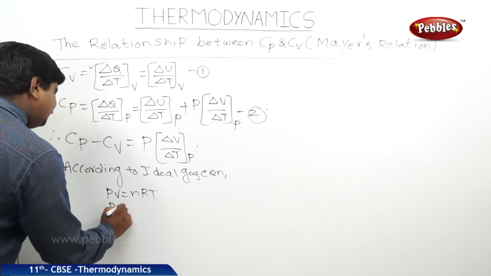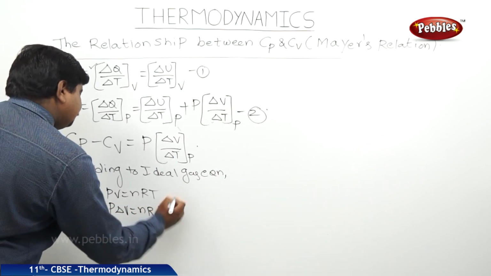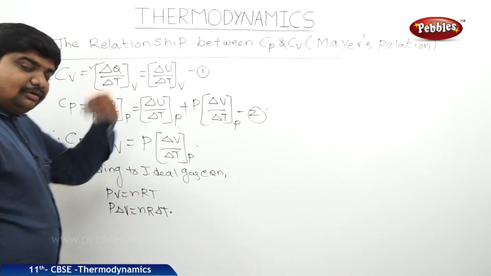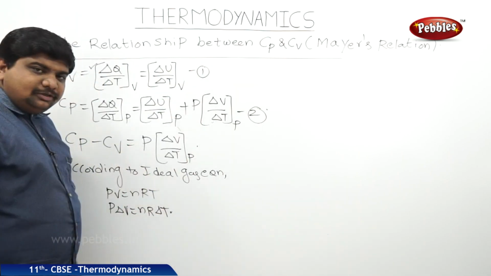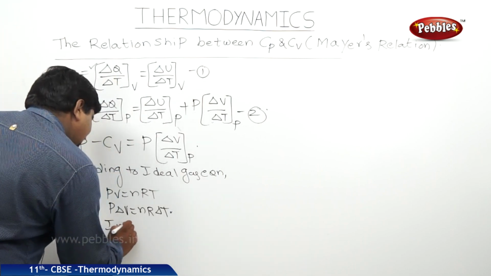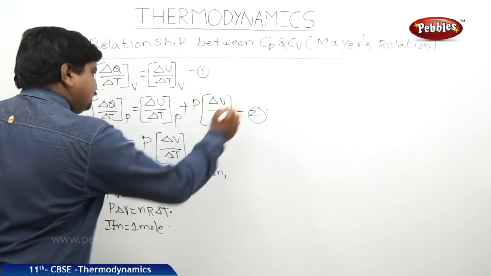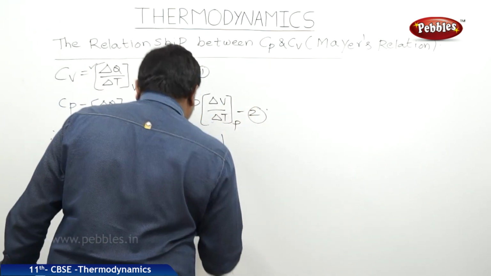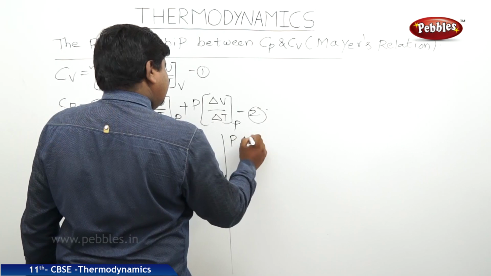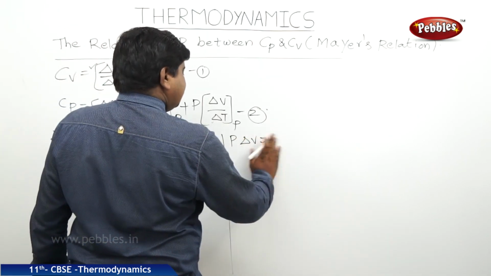Here it is P delta V equal to nR into delta T, where n is the number of moles. If the number of moles of a gas is 1, that is n is equal to 1 mole, therefore P delta V is equal to R delta T.